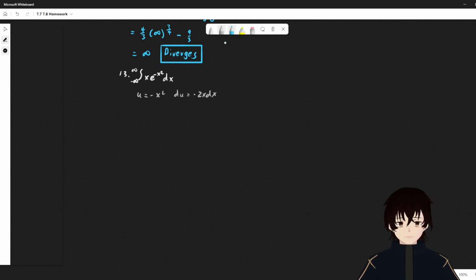So our integral would be equal to the integral from -infinity to +infinity of, wait. Let's integrate first, because I don't want to do bounds.